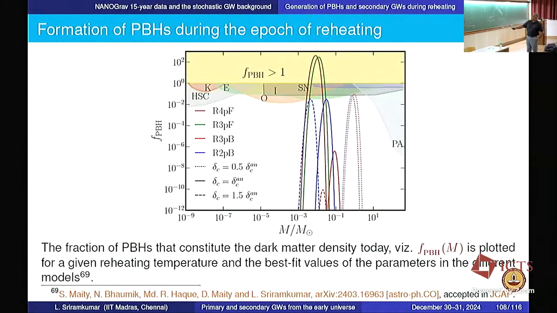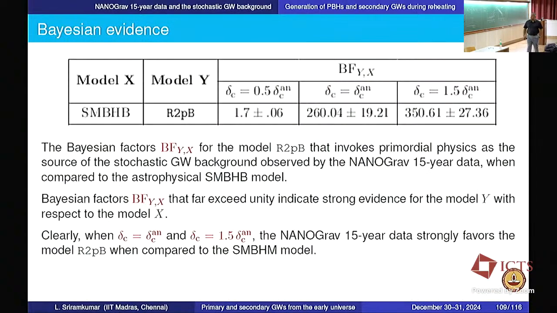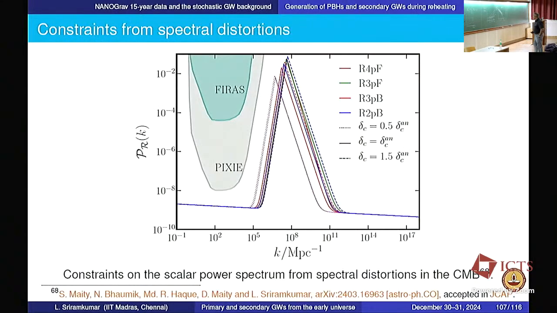What you find is that this fits the data and is consistent with the constraints on FPVH. And I had briefly mentioned how, if you try to enhance the power on small scales, you can't blindly enhance the power on small scales soon after the CMB data.